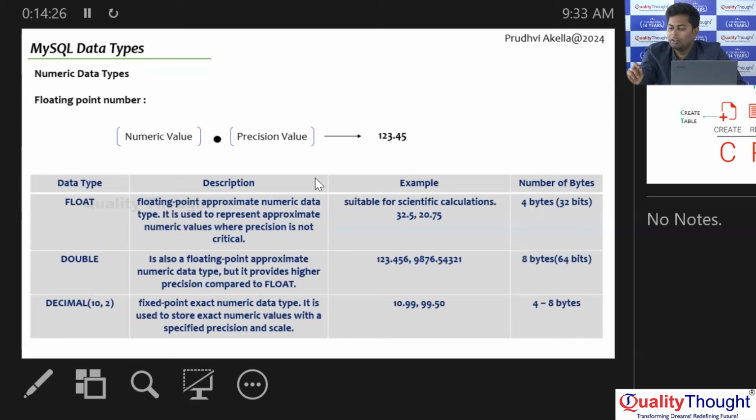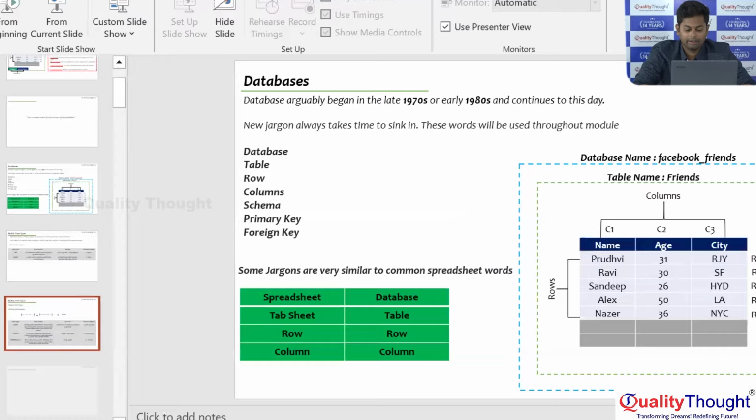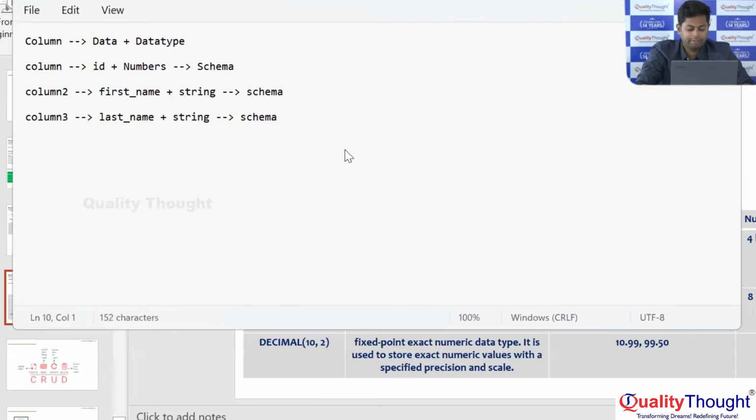But when you divide 5 by 2, it is going to give me 2.5. Here you see .5. How many precision values do I have here? Only one. But now when I say 1 divided by 1234, this is going to give me a bigger precision value.